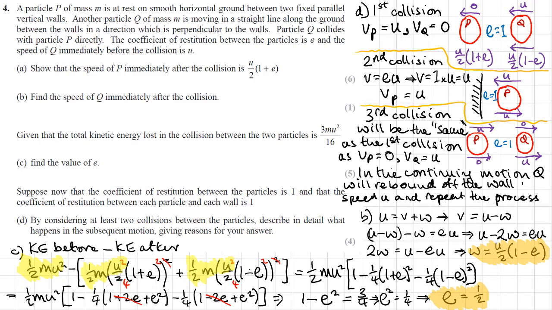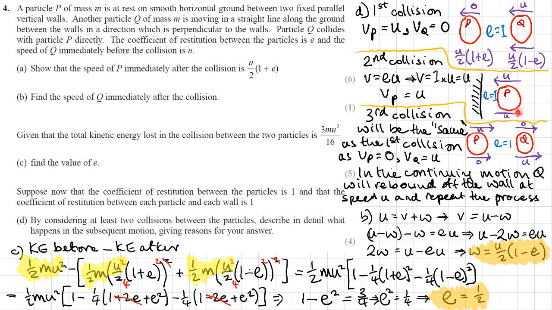In other words, these previous 3 steps. There's almost like 4 steps. P at rest, Q moving towards P at u, and then Q being at rest, P moving off at u. So that's like the first step. Second step, P moves towards the left-hand vertical wall on my diagram at u, rebounds at u.